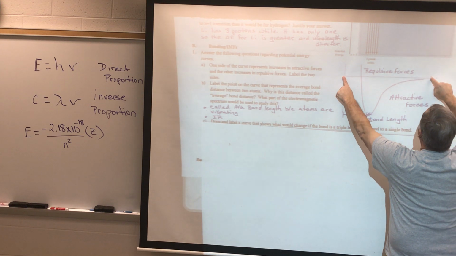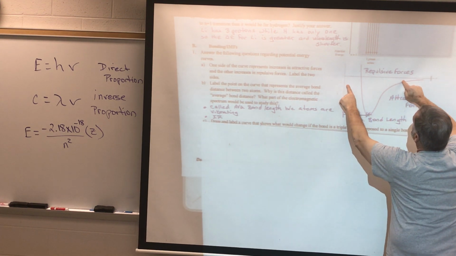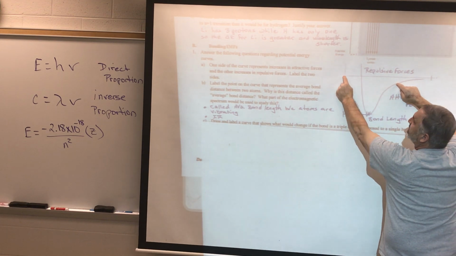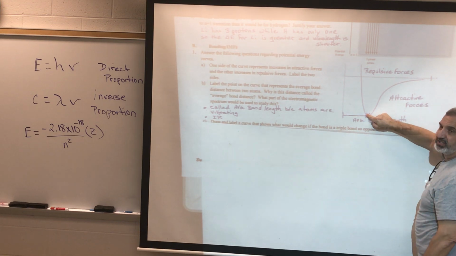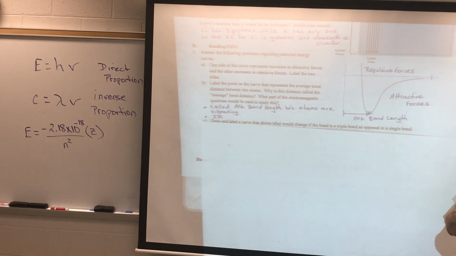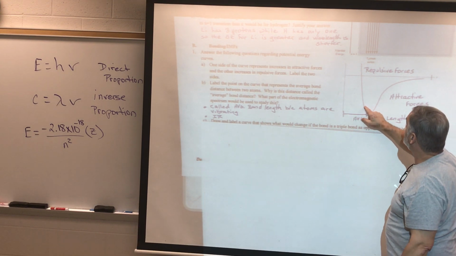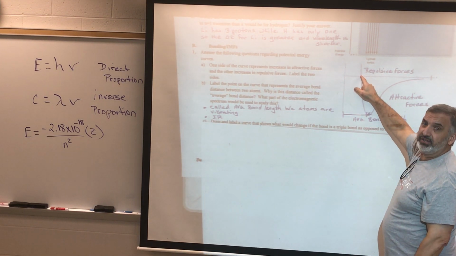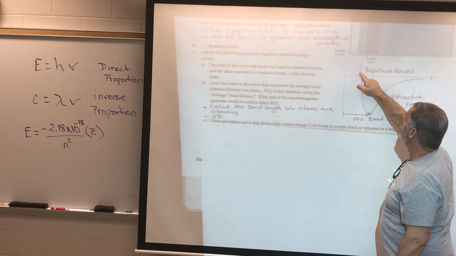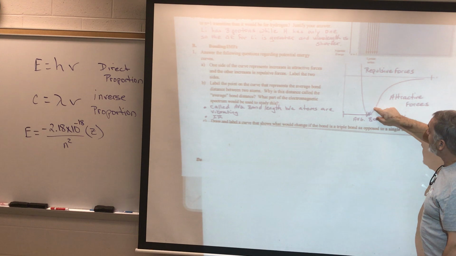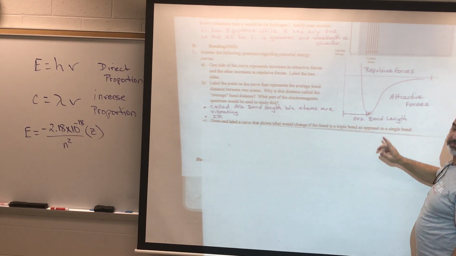Here's another atom approaching it. As it begins to approach, there starts to be an attraction of these electrons to this nucleus. The attraction is maximum right down here. This is the lowest potential energy. Remember, in nature, everything wants to be in the lowest possible energy state. As they start getting closer and closer together, now the nuclei begin to repel because they're both positive, and we get to repulsive forces up above this line. But your bond length is going to be the distance from here to here.